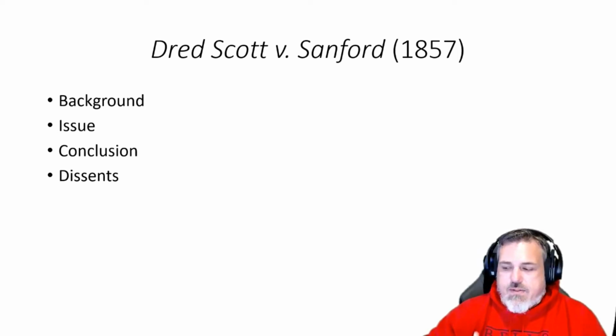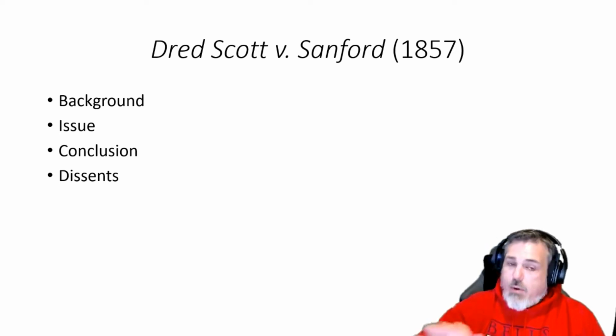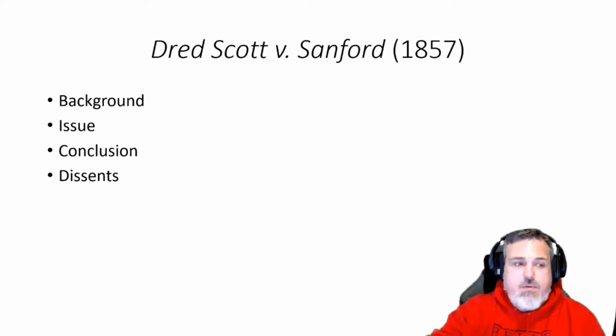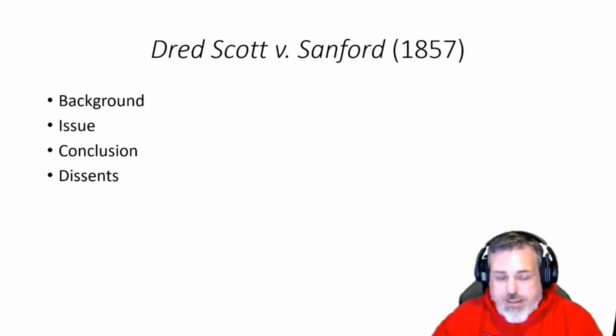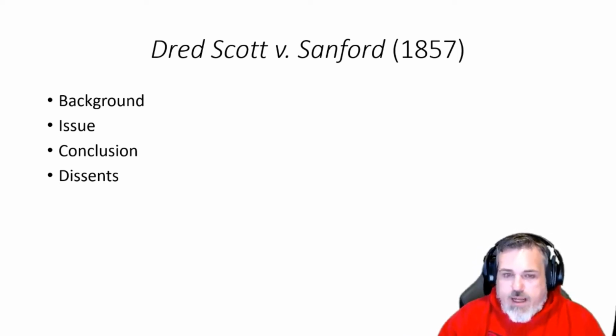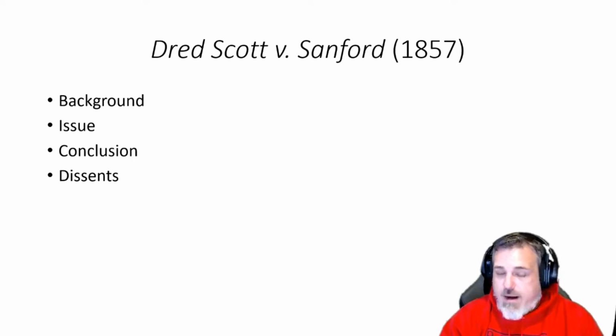So the main issue, the primary issue in this case, and I call it the primary issue for a very important reason, because Chief Justice Taney, in his majority opinion, goes on to speak much more broadly than the issue in the case. But the issue in the case is whether or not Scott, and more broadly defined, African Americans, slave or not slave, are citizens of the United States.